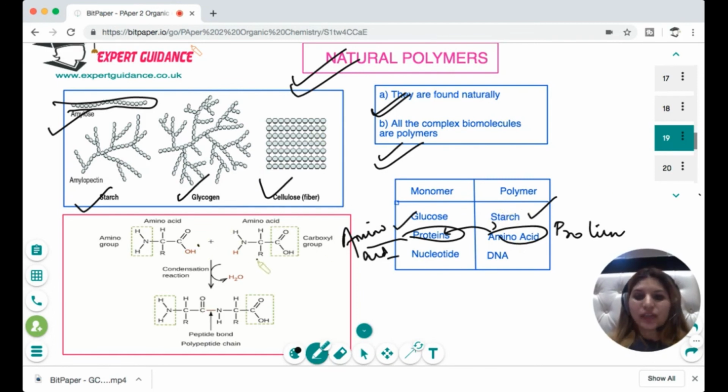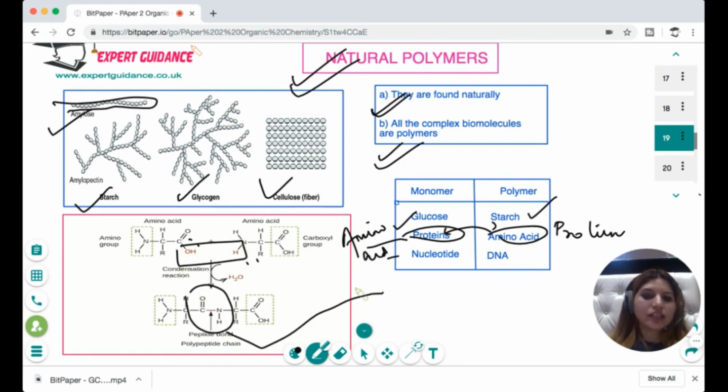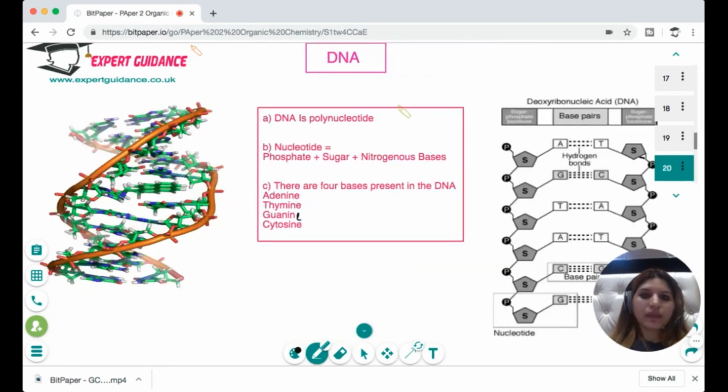And two amino acids. Amino acids have the carboxylic group and an amine group together. When they join together, a molecule of water is lost and it forms a peptide bond, and they are condensation polymers. DNA is a polynucleotide, we have done this in biology, so it's just a brief recap. Nucleotide means a phosphate, sugar, and a base.